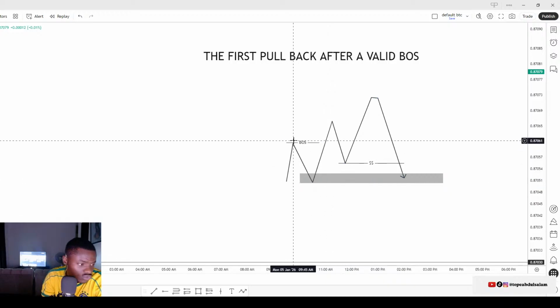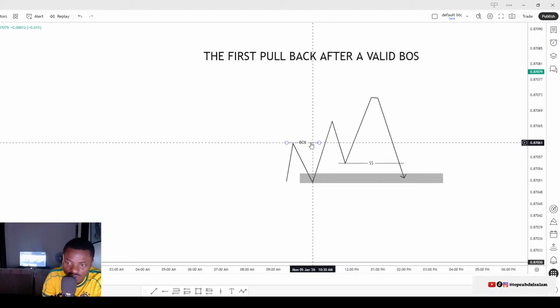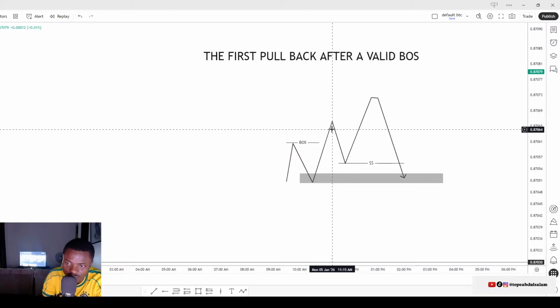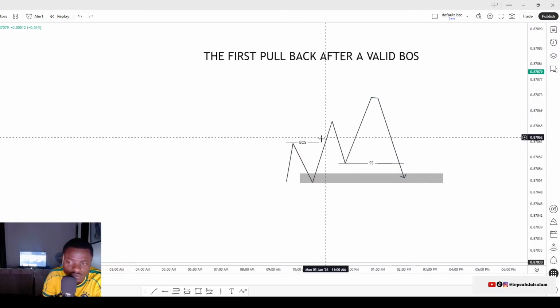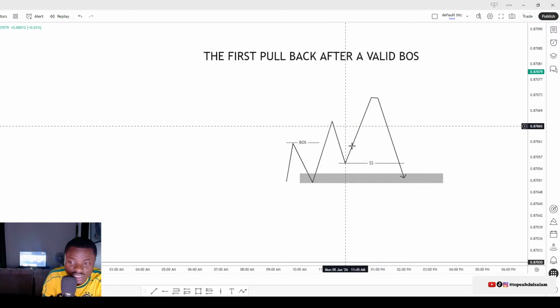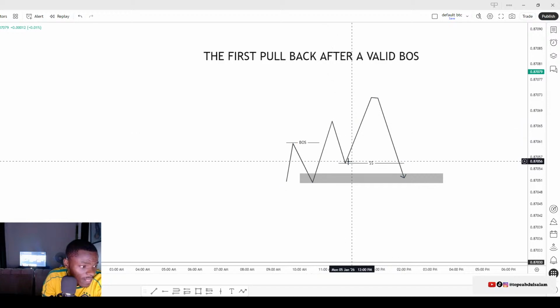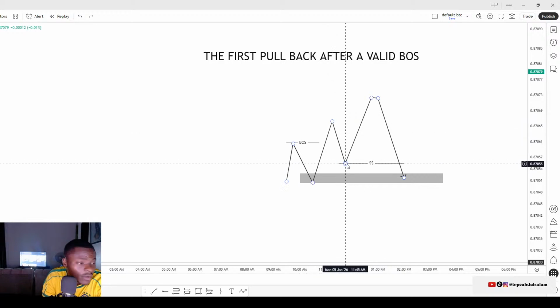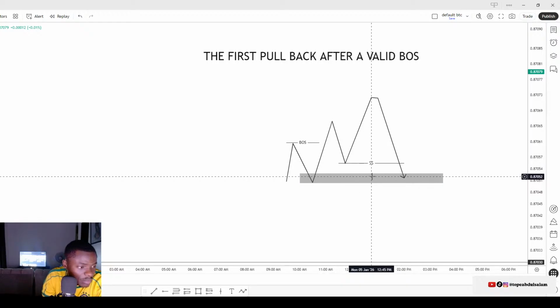We have a break of structure. After breaking the structure, the first pullback after a valid break of structure in the direction of the trend, that is our structural liquidity. That is our inducement. That's a liquidity that the market needs before it taps the point of interest.